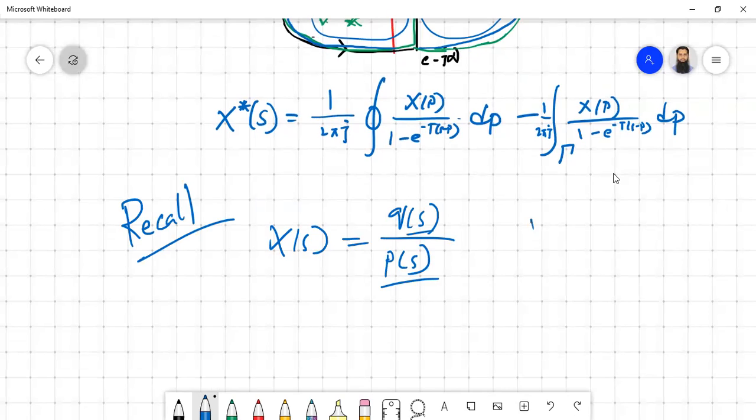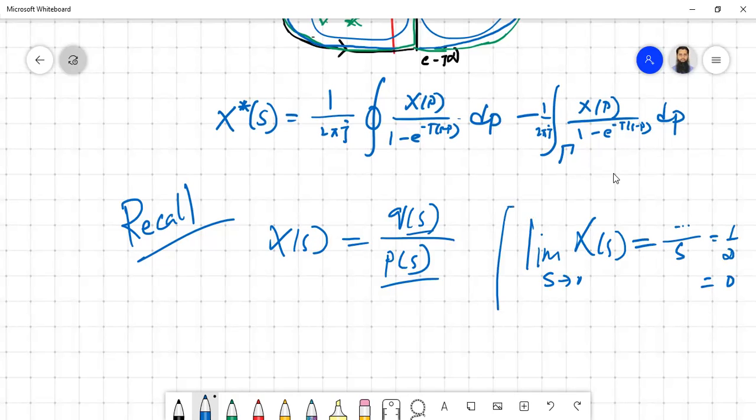In that case, if you figure out the limit as s tends to infinity of X(s), you are going to find that since the order of the denominator is higher, it will have more s in the denominator than the numerator, so 1 by infinity becomes 0.